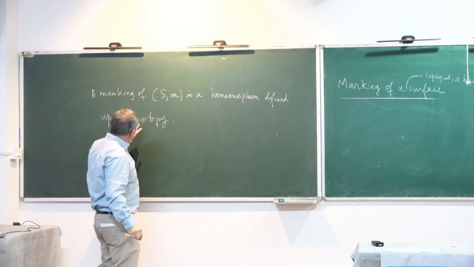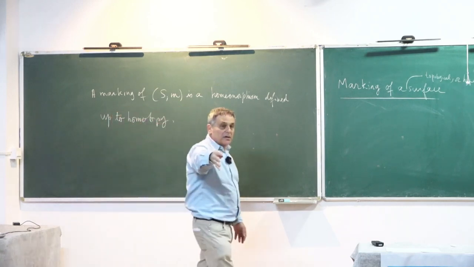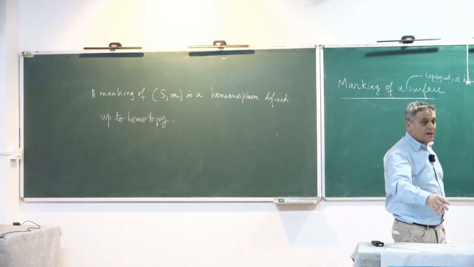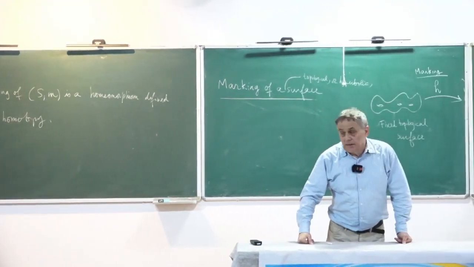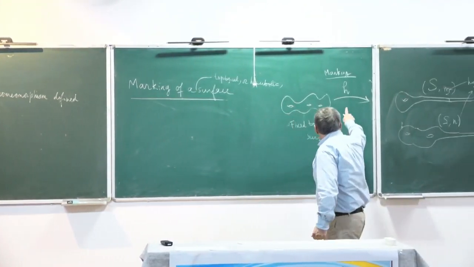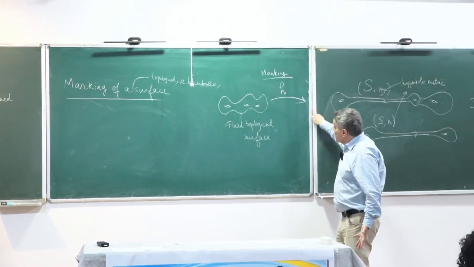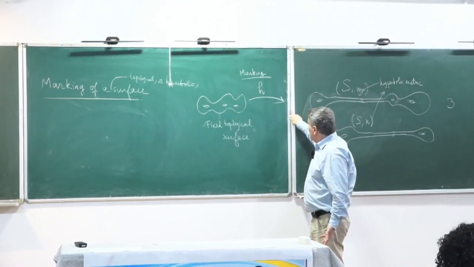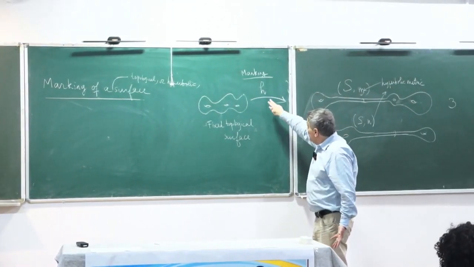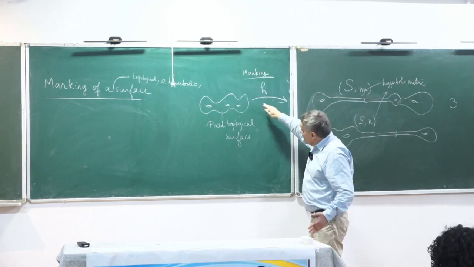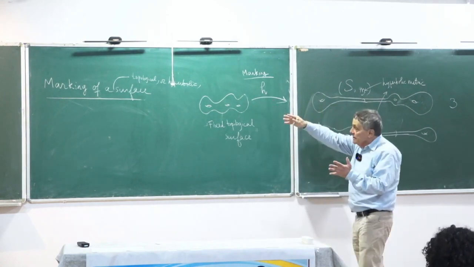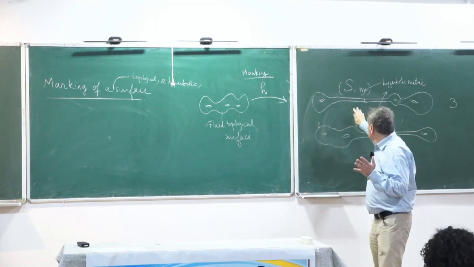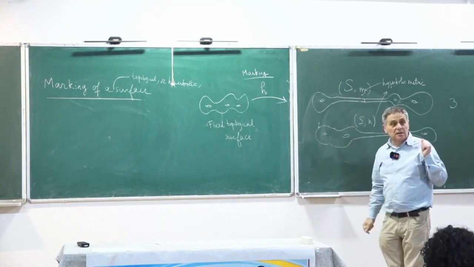And now I need you to know this word. So your professor told you what is a homotopy? So this is a homeomorphism defined up to homotopy in the sense that if I modify H by a homotopy, I get the same marking of this surface.